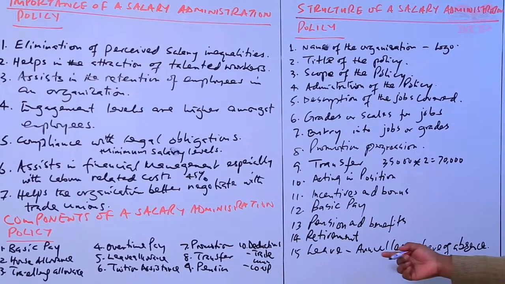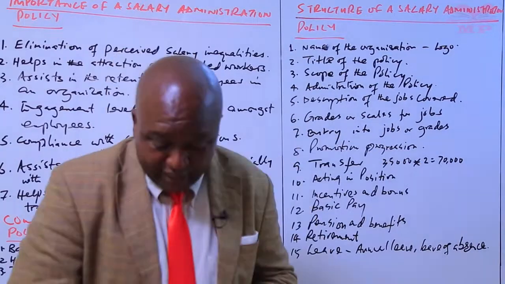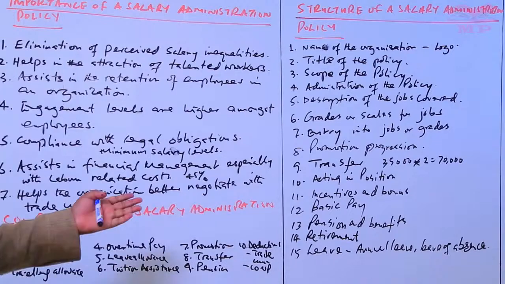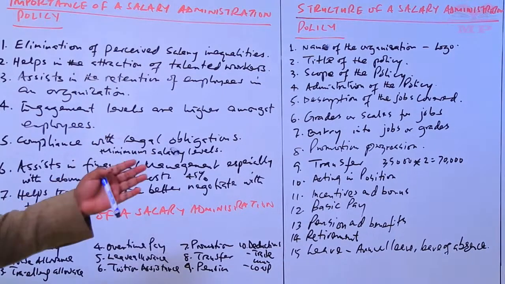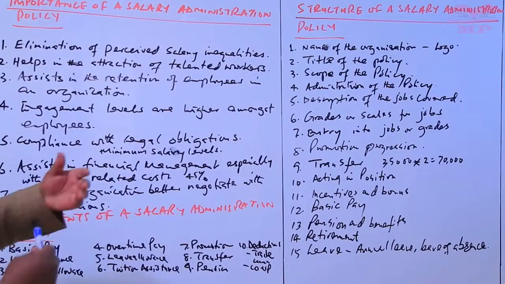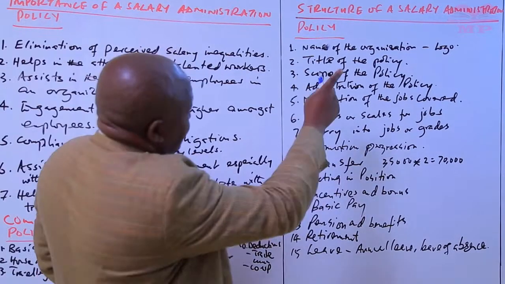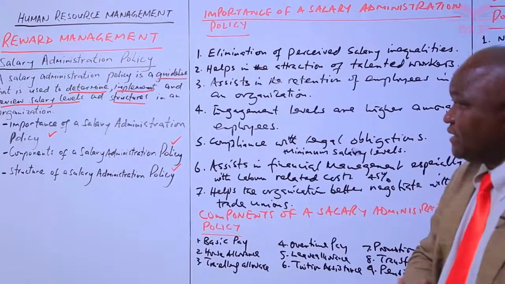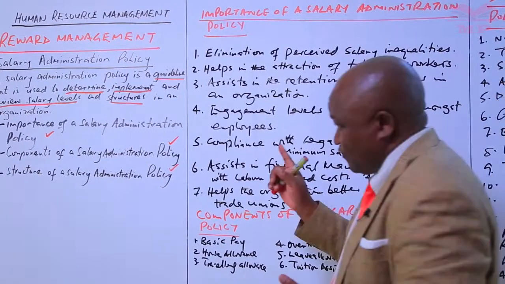If they are on annual leave, do they get a leave allowance, or do they get their full gross salary and so on? So these could be some of the things found in the structure of a salary administration policy. In addition, the structure of a salary policy is used to determine, implement, and review salary levels and structures in an organization.